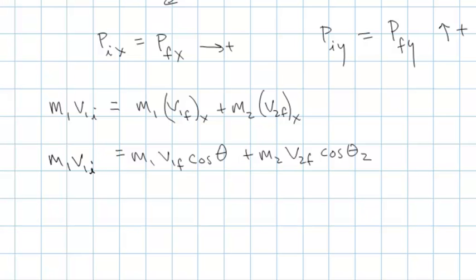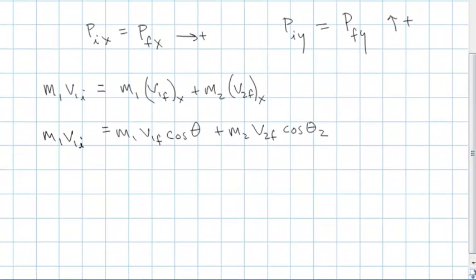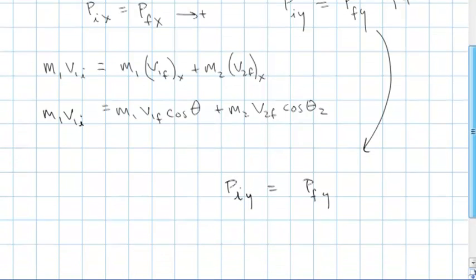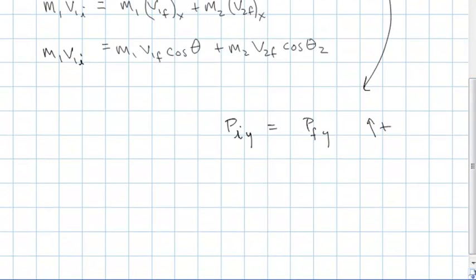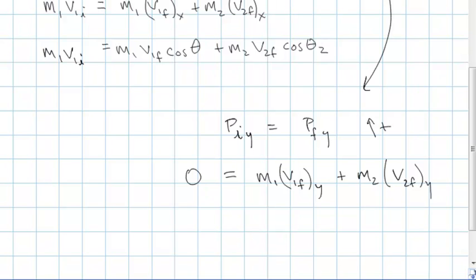Our second equation comes from the y direction. Initially, there's no momentum in the y direction. And at the end, I have m1 times the y component of v1 final, and I have m2 times the y component of v2 final.